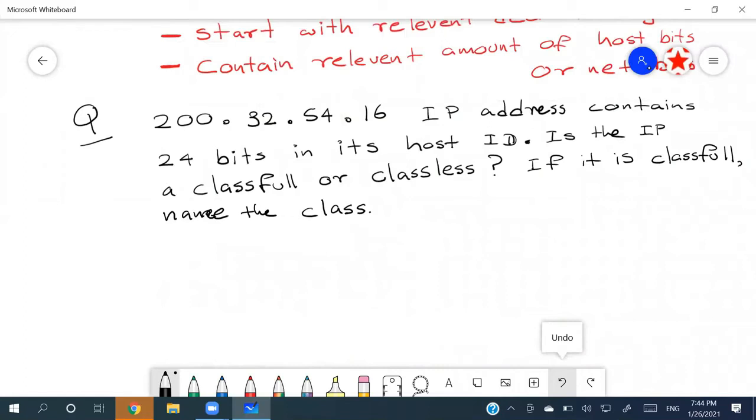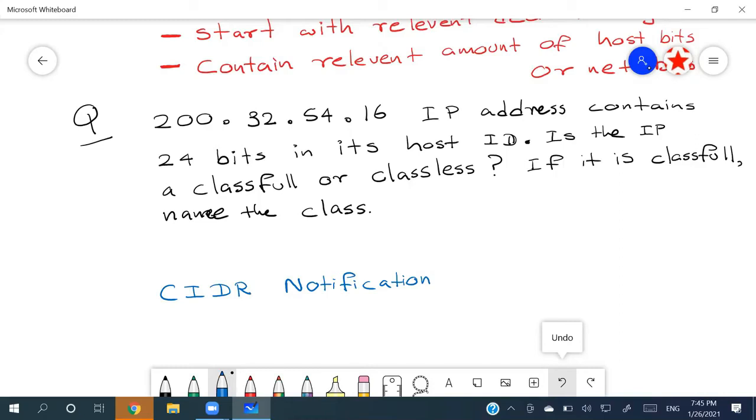Now here I'm going to introduce you to the CIDR notation. CIDR notation is a way of giving the details about how many bits there are inside an IP address, right? This is how we are going to write a CIDR notation. So CIDR notation is written like this.